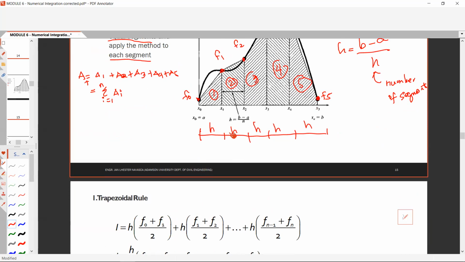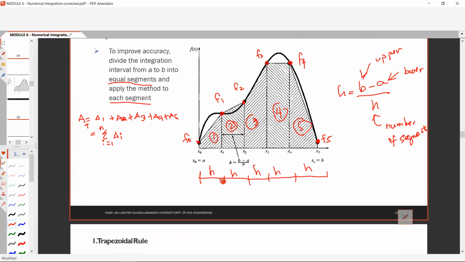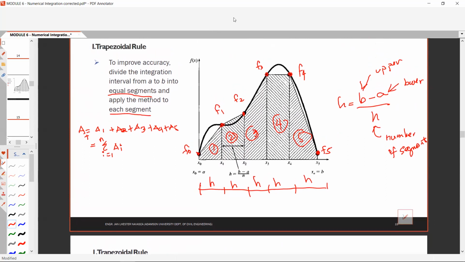Next, area 2. How do we solve area 2? Area 2 is f of 1 plus f of 2 times h over 2. Did you get that, guys? So far, so good? Yes po.